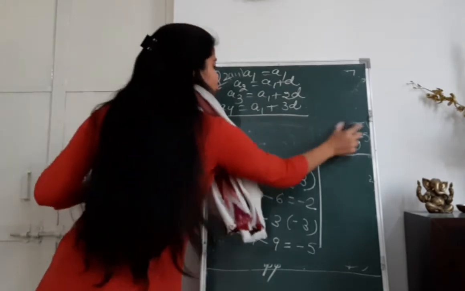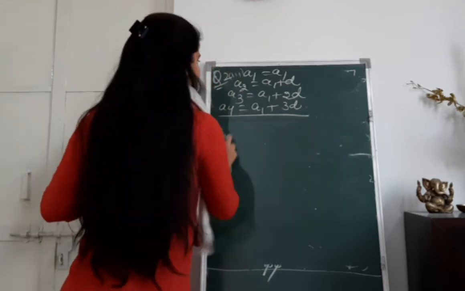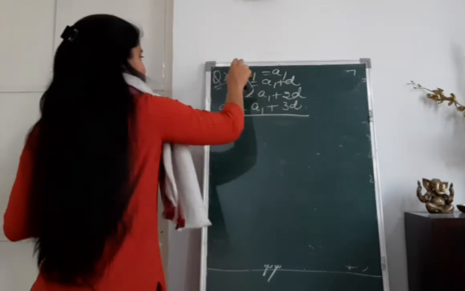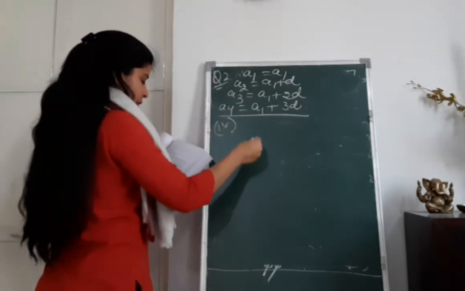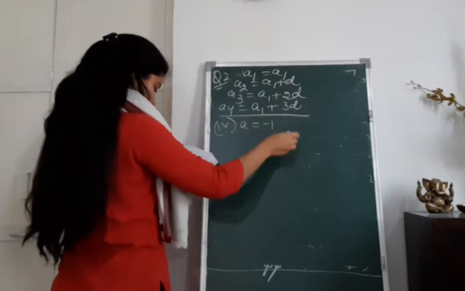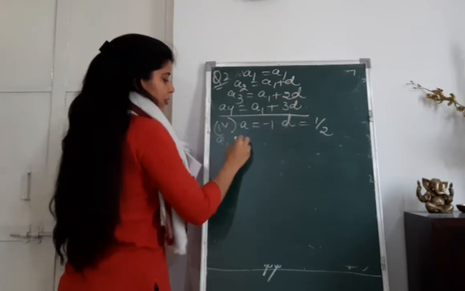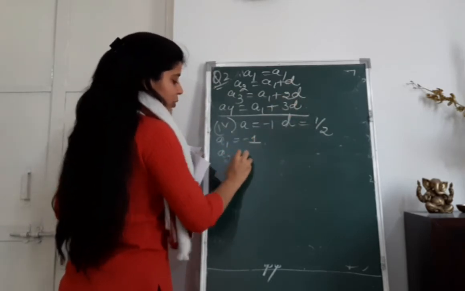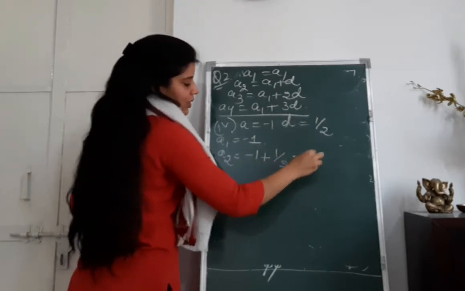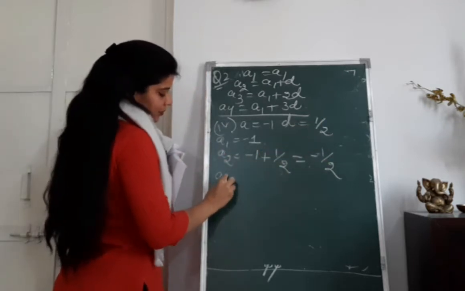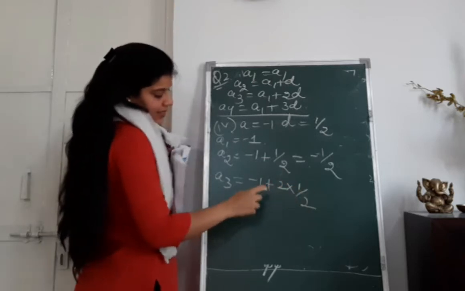Now let's move to the fourth part. A is equal to minus 1 and D is equal to half. So A1 is equal to minus 1. A2 is equal to minus 1 plus half, clearly A1 plus D. So this gives me minus half. A3 is equal to minus 1 plus 2 into half, because it is A1 plus 2D.